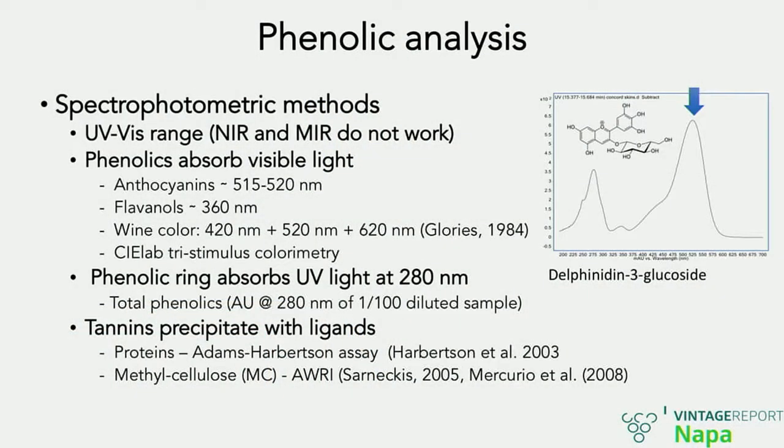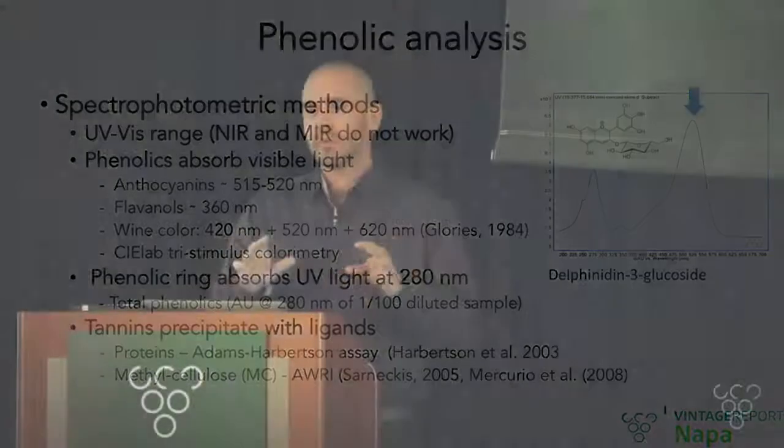Okay? Now, let me switch gears briefly to phenolic analysis, okay? And this is just a brief overview. I hope the panel is going to be able to dive in. I was actually doing a little bit of research. We have at least 55 methods that you can use in wine to measure phenolics. Here on the West Coast, I'm just going to mostly cover the two main branches that I believe are relevant here, which are spectrophotometric methods and HPLC-based methods.